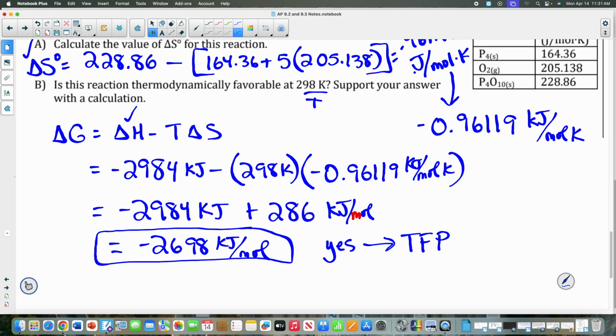If it was a really high temperature and this term ended up being greater than this term, then it would no longer be a negative value for delta G. So mathematically, if you don't have both terms being thermodynamically favorable, what can that temperature term do to push it over into the thermodynamically favorable calculation value? Okay.